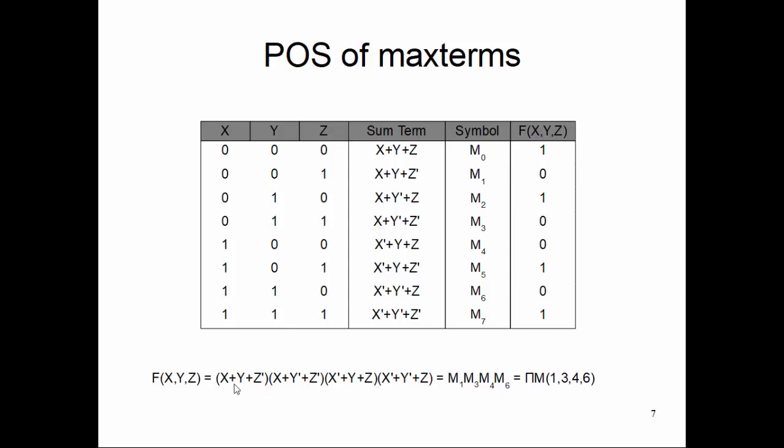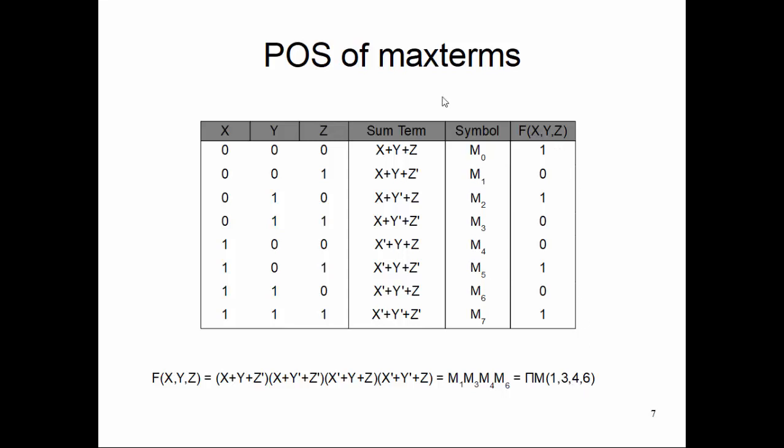Now from that, instead of the sum terms, we use the corresponding symbols. So it becomes capital M, max term 1 and max term 3 and max term 4 and max term 6. Then we can further compact this notation using the pi symbol, which is a product in the algebraic domain. So this is a pi operation of all max terms listed as 1, 3, 4, 6.